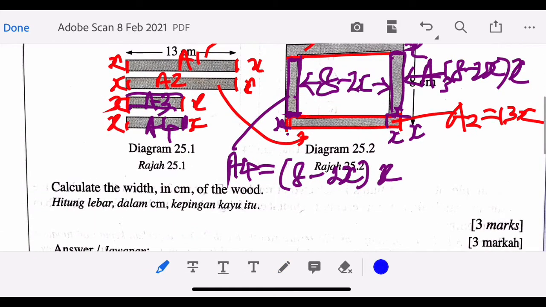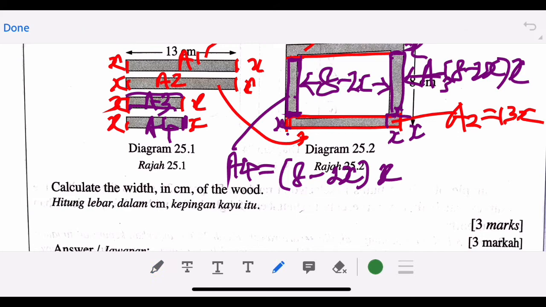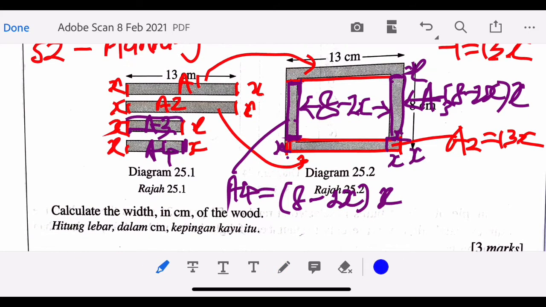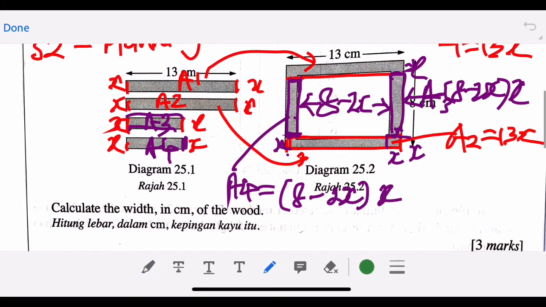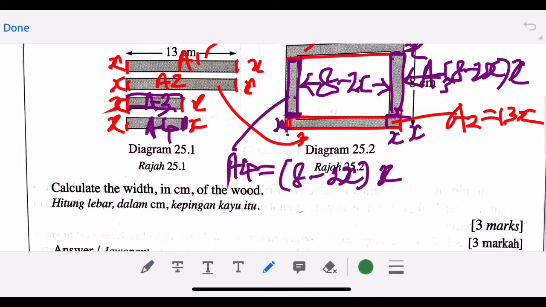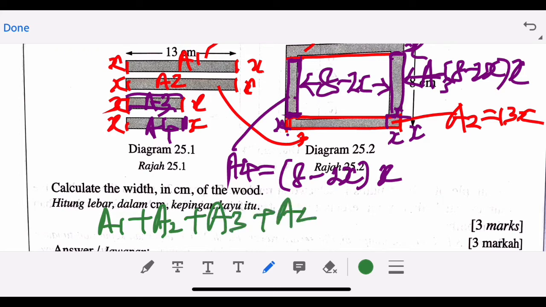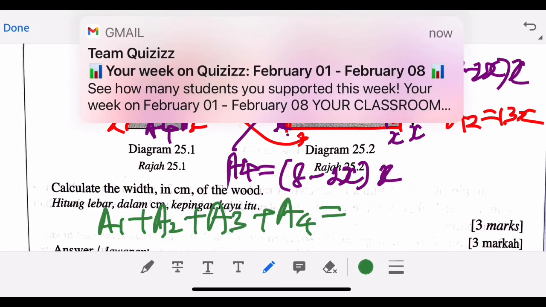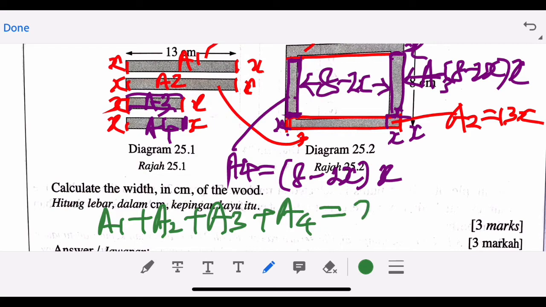So let's just add up the area. We have the 13x, we have A1. Let's write down: A1 plus A2 plus A3 plus A4, right? We have 4 wood. Two are the same size. So it's equal to 20, right?